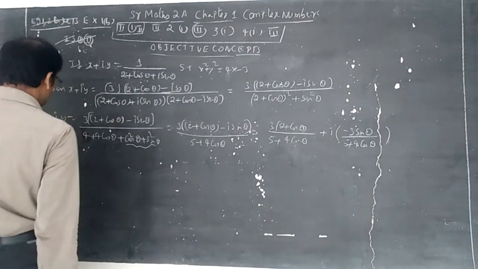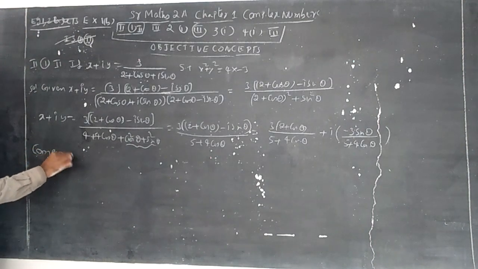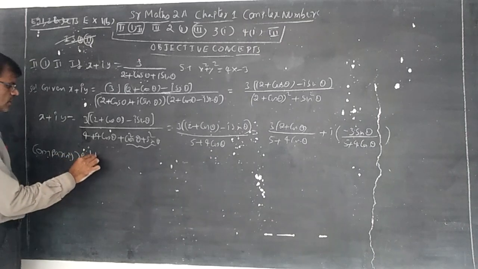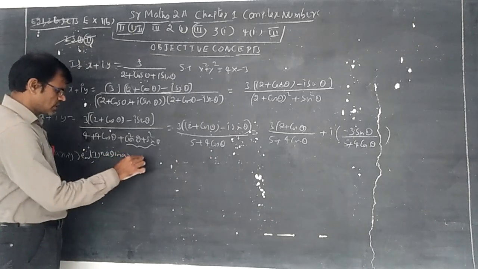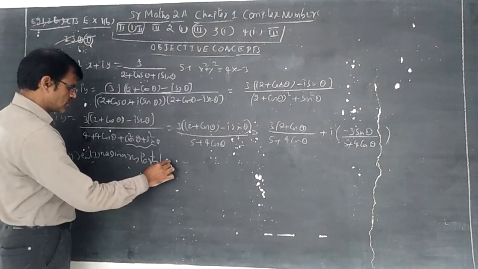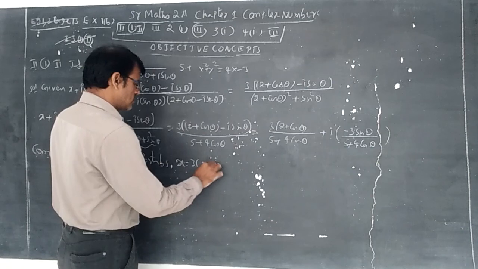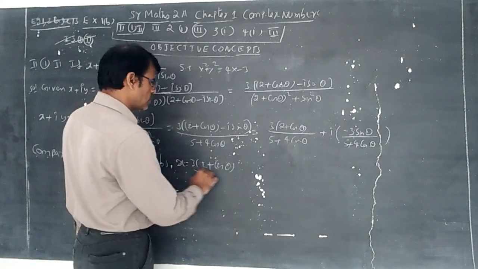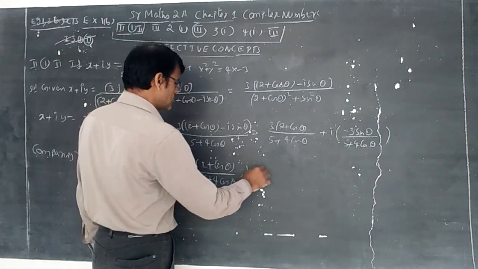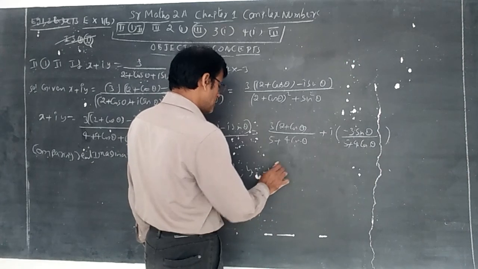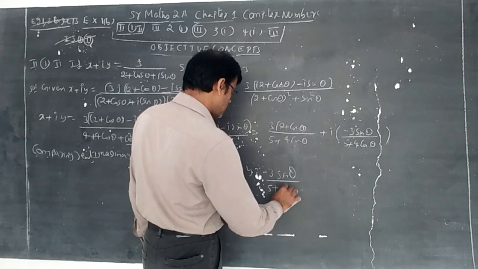Comparing real and imaginary parts on both sides, x is equal to 3 into (2 plus cos theta) whole by (5 plus 4 cos theta), y is equal to minus, there is no question of i, you should not write i, minus 3 sin theta by (5 plus 4 cos theta).